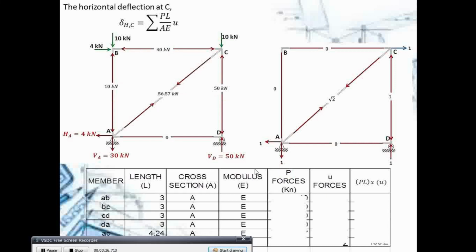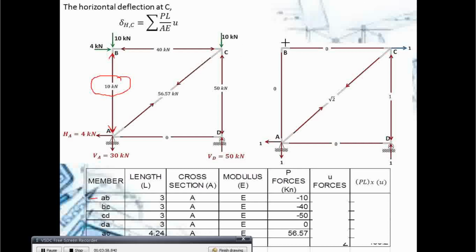Kaya kapag i-substitute ko na, yung AB, itong AB na to, may 10. Pero bakit negative? Paano ko nakuha si negative? Take a look at the nature of the force of AB. What do I mean by nature of force? Yung direction ni AB. Si AB is under compression, kasi yung arrow niya is towards the joints.